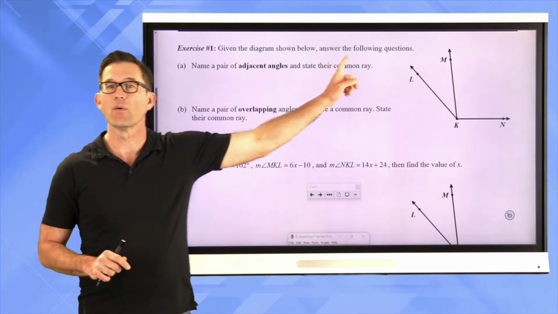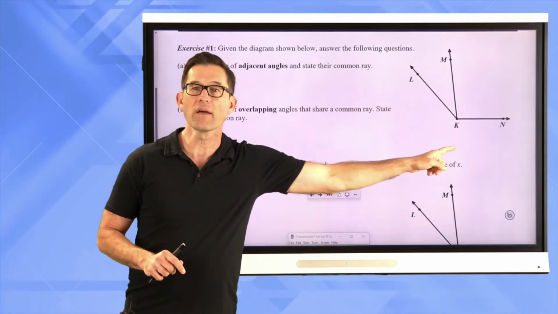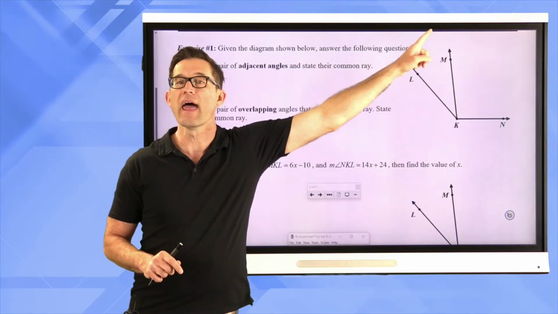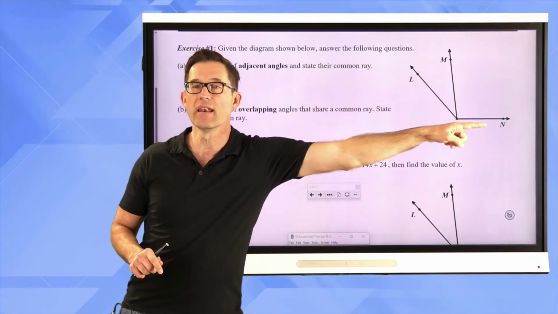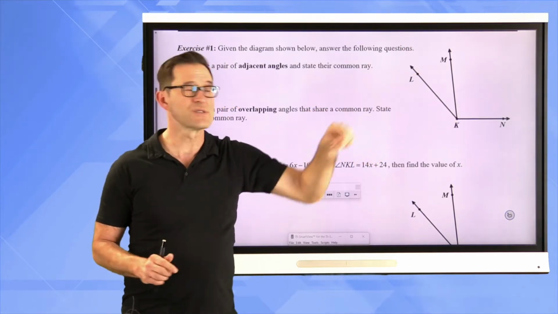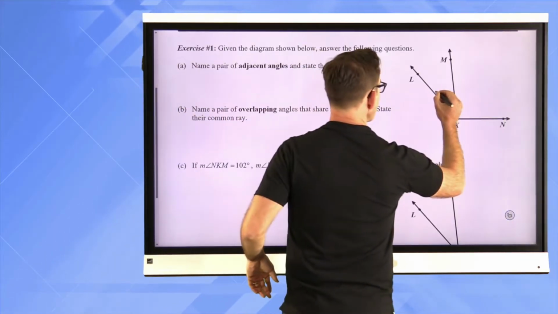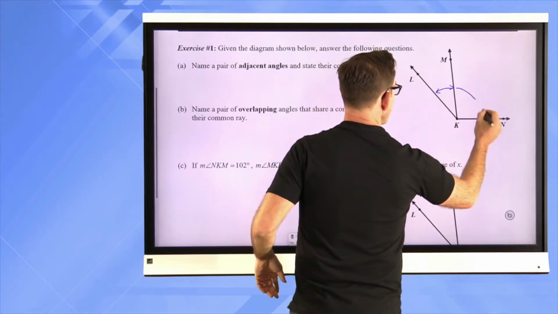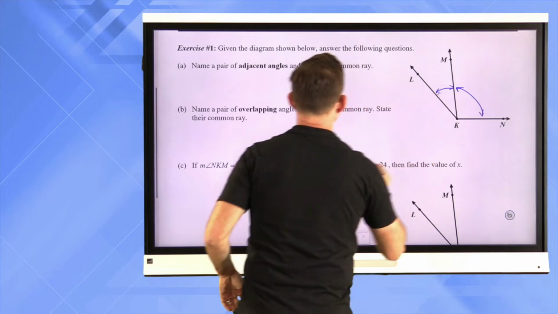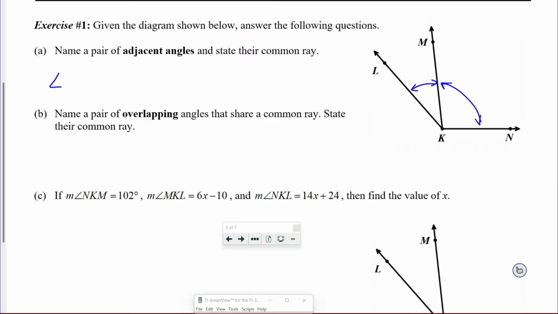So in this case, what I've got is angle LKM and angle MKN, right? Those two angles, the one that goes from here to here and the one that goes from here to here, they are adjacent. So angle LKM and angle MKN.